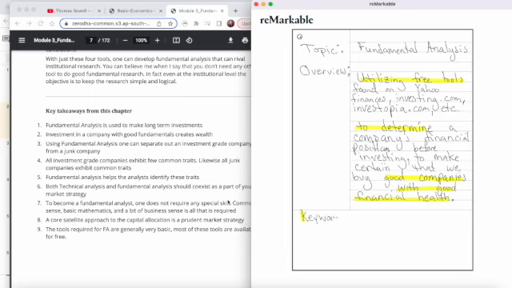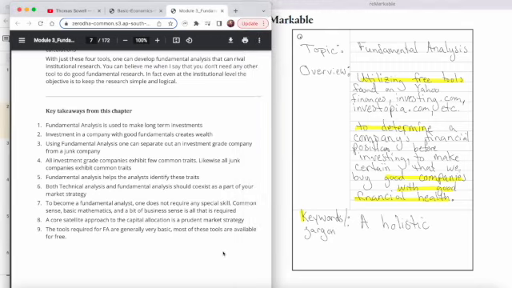Keywords, jargon. A holistic approach to the capital allocation is prudent.